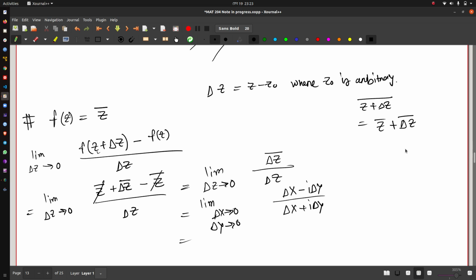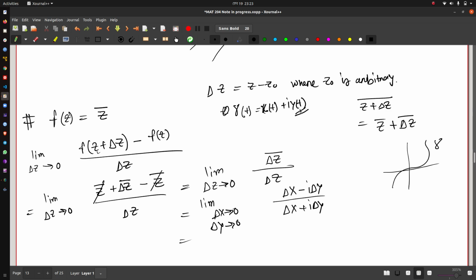In the complex plane, this del x and del y can be related with each other through some parameters. Let's say you have a curve in the complex plane, let's call it gamma, and gamma is some function of the parameter t, represented as x of t plus i y of t.